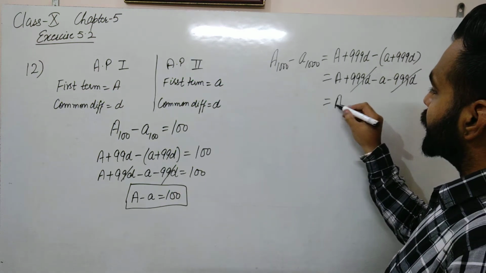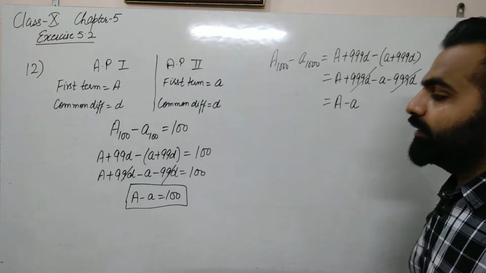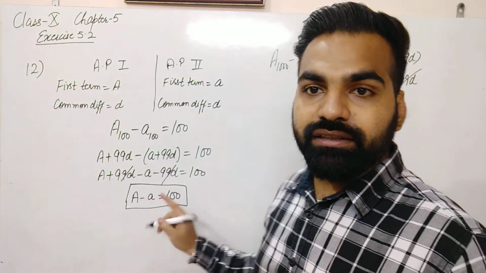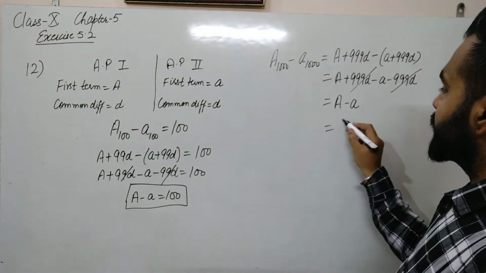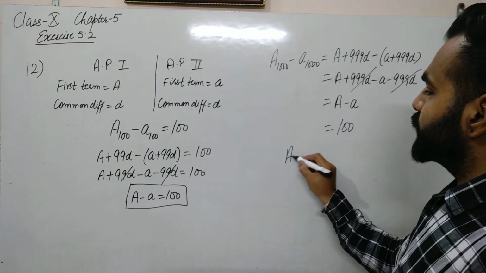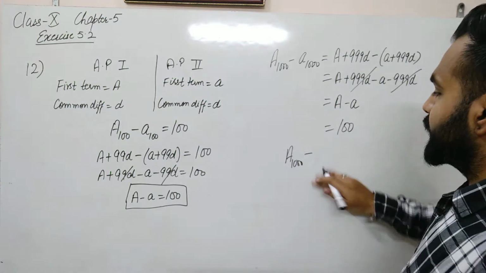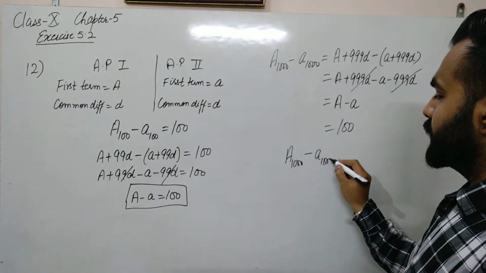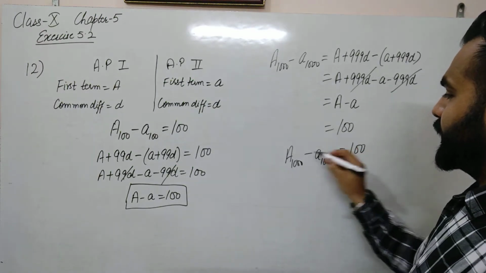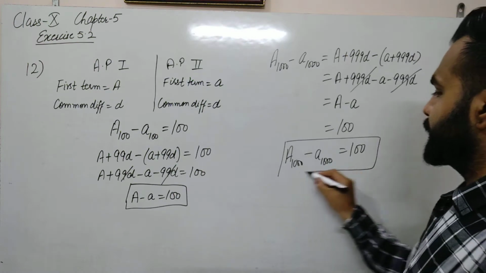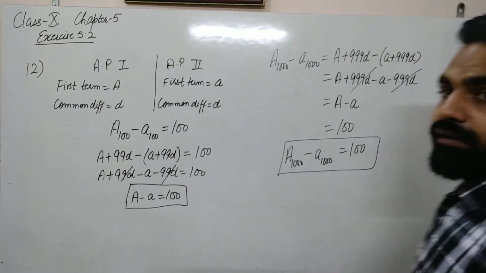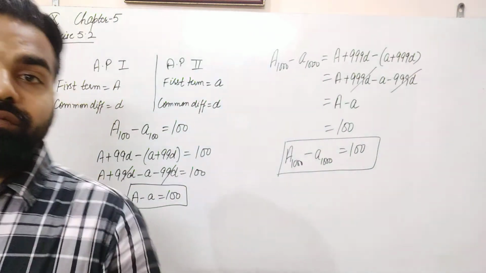So this is equal to A minus a, and what is the value of A minus a? This is equal to 100. So this is 100 here. So we can say that difference between their 1000th term will again be 100. Clear? So this was question number 12.